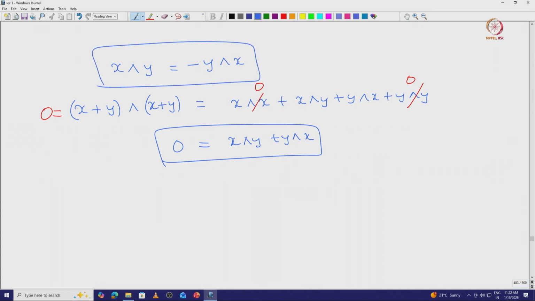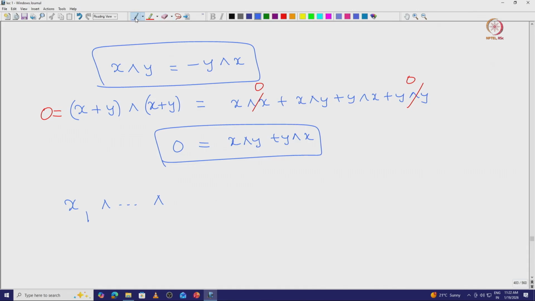And this is something one can check for any k-fold wedge. Suppose you take x1 wedge etc. wedge xk. And if you switch i and j, it just gives you the minus sign.